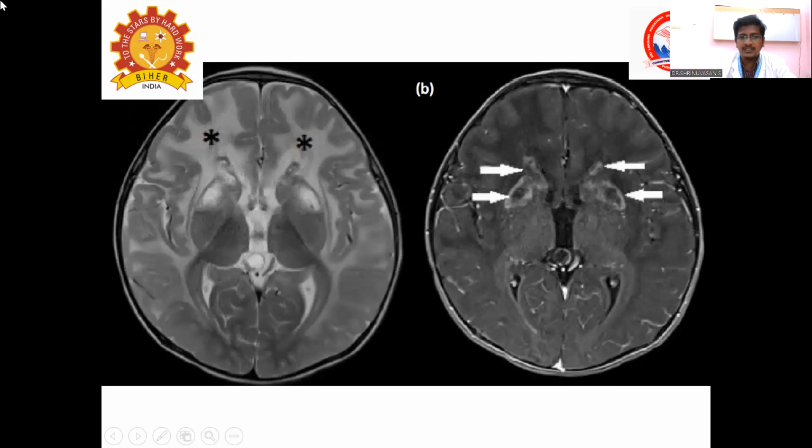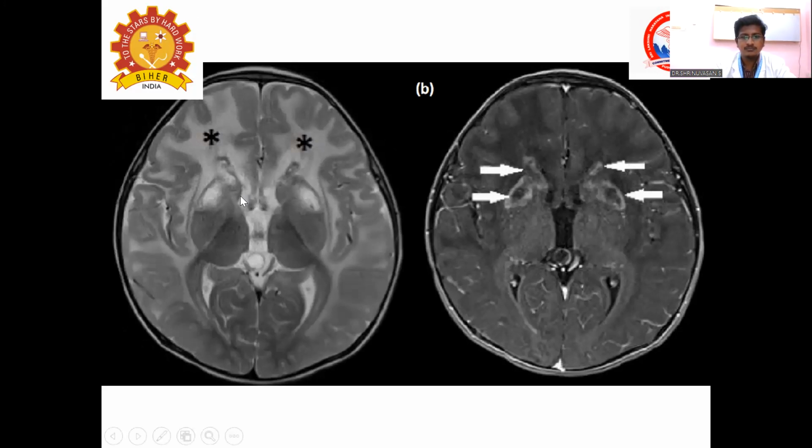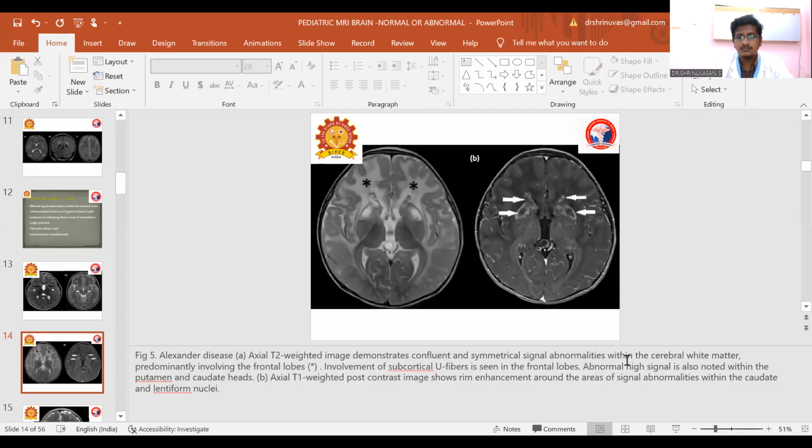Whenever you see this type of symmetrical confluent signal abnormality within the cerebral white matter, predominantly involving the frontal lobes, especially the subcortical U fibers in the frontal lobes, and this abnormal high signal intensity is also noted involving the putamen and caudate heads, these are the specific findings seen in Alexander disease.